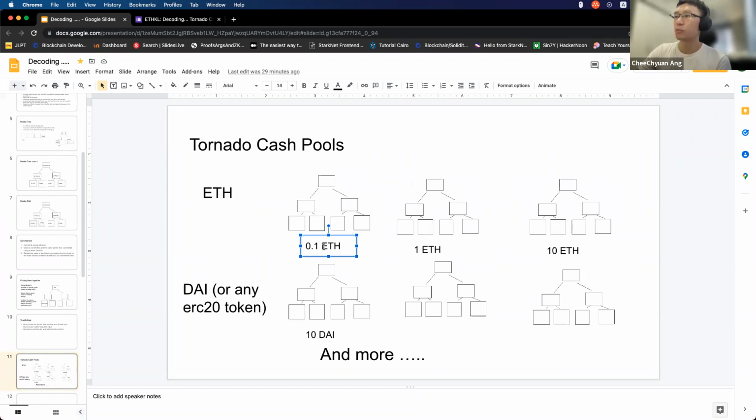For example, 0.1 ETH has its own pool with its own Merkle tree, 1 ETH has its own pool, 10 ETH has its own pool, and of course it supports other ERC20 tokens, and each different type of token plus the value has its own pool. So in reality, there are many trees out there, and we can pick and choose which tree we want to participate in. Of course, the value has to be the same.